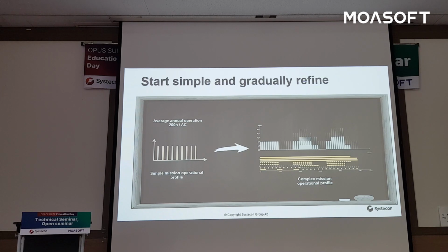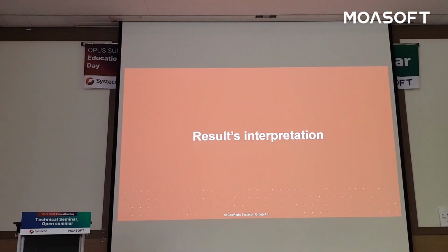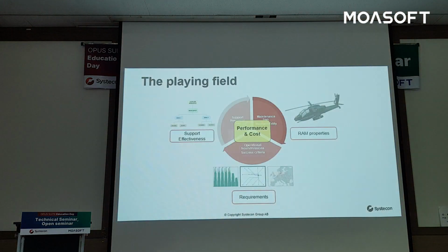This means that we have finished all three parts, both the RAM properties, as we started with, we built up the support organization, and now we've added the operational requirements. So this is really what we need as a basis for starting to run the actual performance analysis.